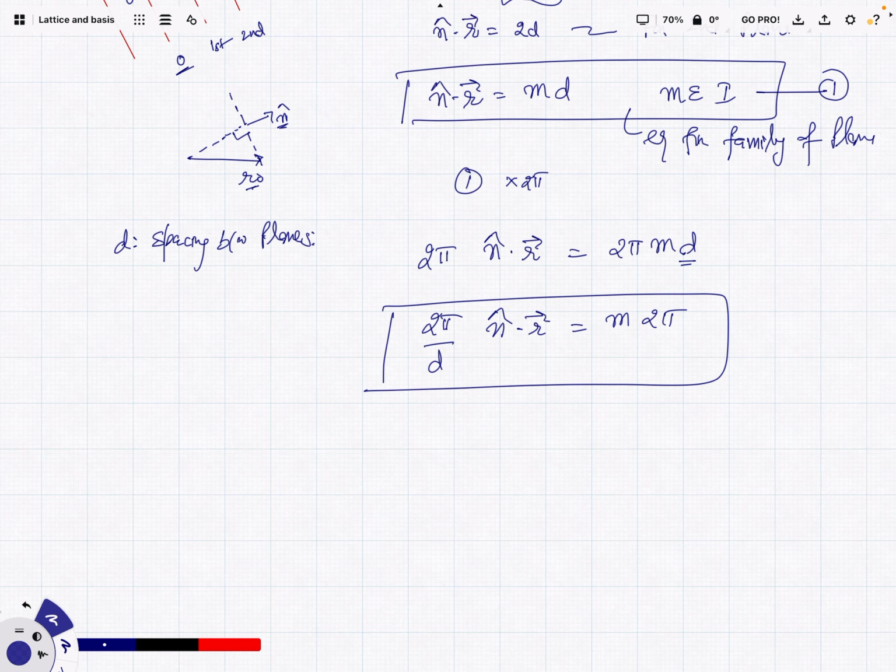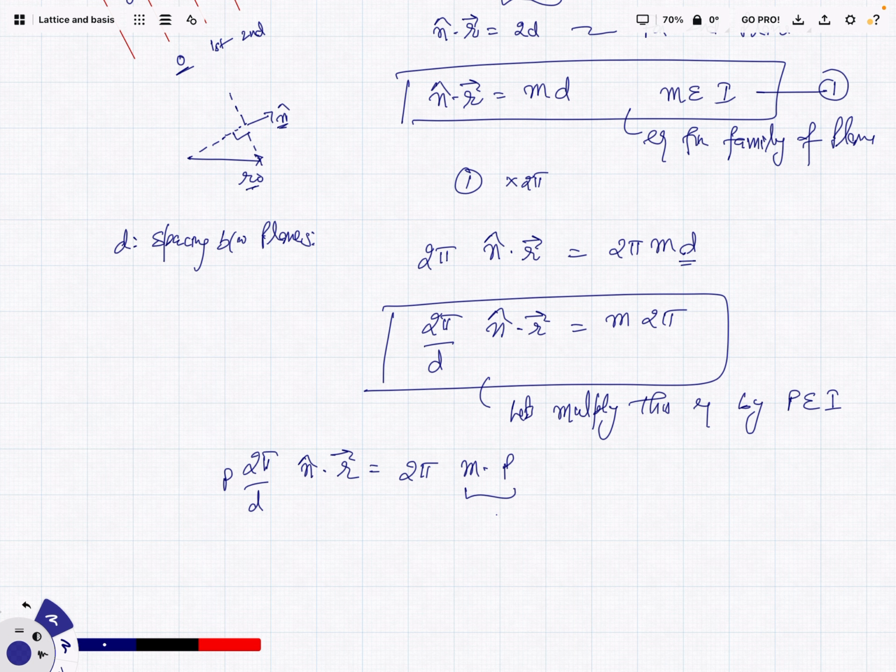Let's multiply this equation by, let's say, p, which belongs to the integers, right? So I can say, okay, 2 pi by d into p, n cap dot r is 2 pi into m into p, right? If I multiply two integers, what do I get? An integer.